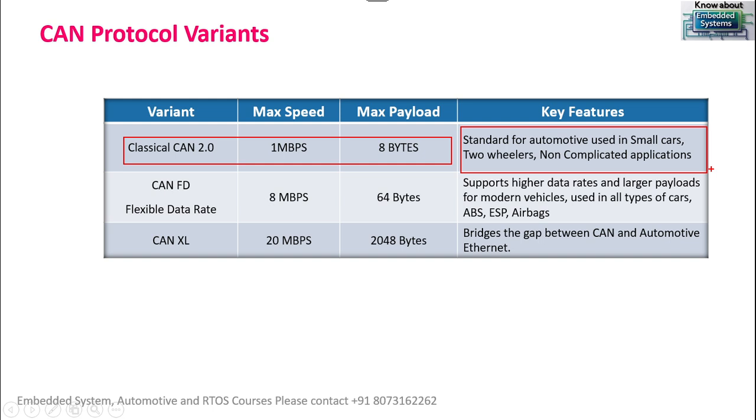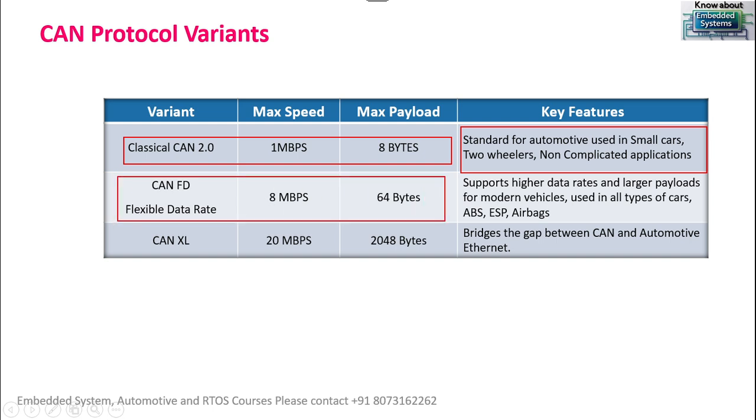Applications like small cars where there are not many complications, and two-wheelers, where the applications are not much complicated. We will still be using this CAN for non-complicated applications. So this is your CAN.